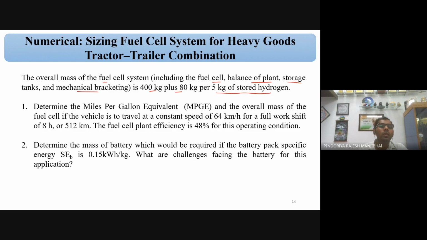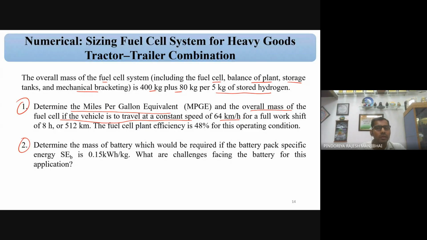We have to do two things. First, determine the miles per gallon equivalent, because we are using hydrogen and we can measure in gallon capacity, otherwise in kilogram. And the overall mass of the fuel cell if the vehicle travels at a constant speed of 64 kilometers per hour.